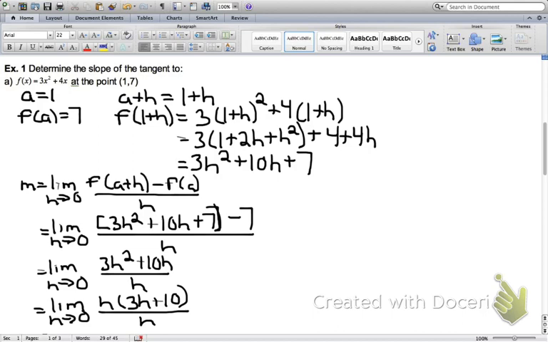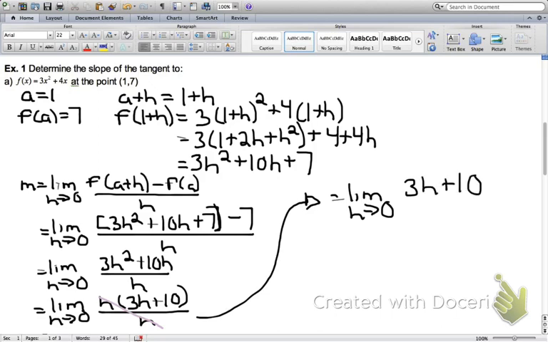These h values are now going to cancel each other out, and then we can continue looking at the limit as h approaches 0 of 3h plus 10.